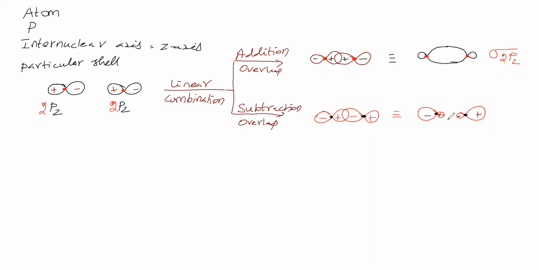Therefore this situation is unfavorable for bonding, so it is an anti-bonding molecular orbital. Why sigma? Because overlapping takes place along the internuclear axis. Star means it is an anti-bonding molecular orbital.